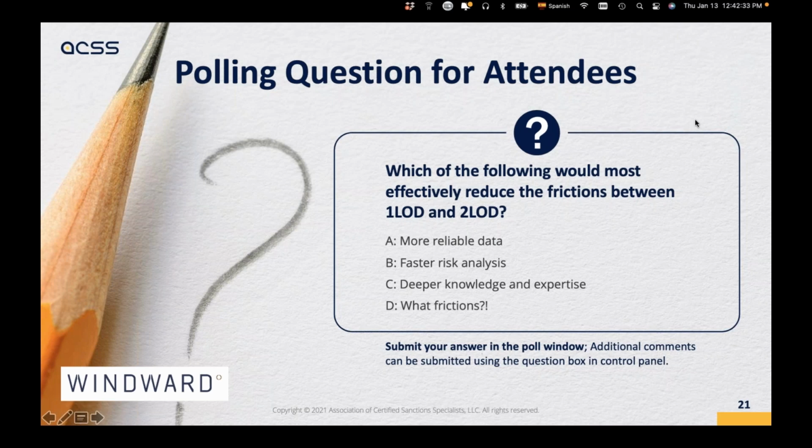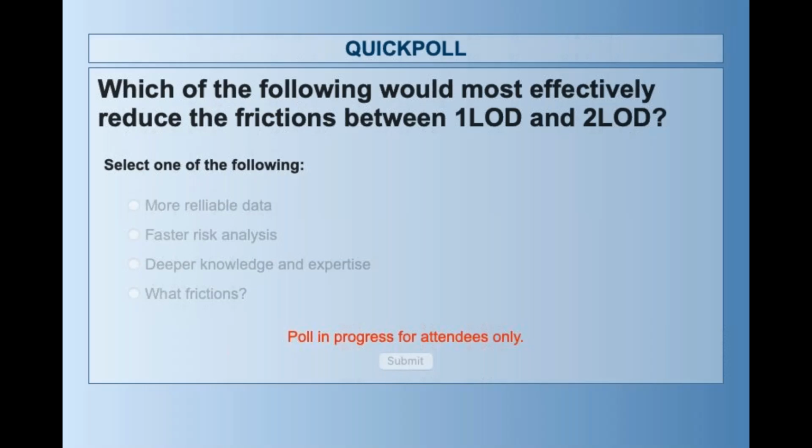We'll leave it open for about a minute. We'll give it a few more seconds.